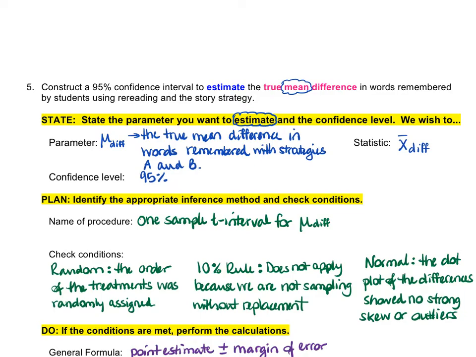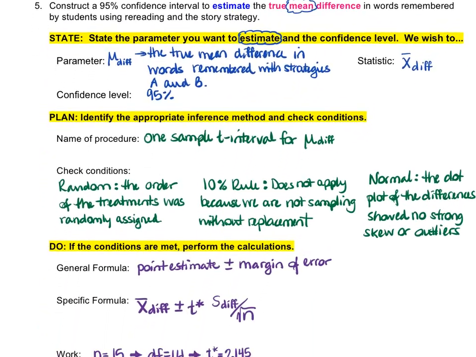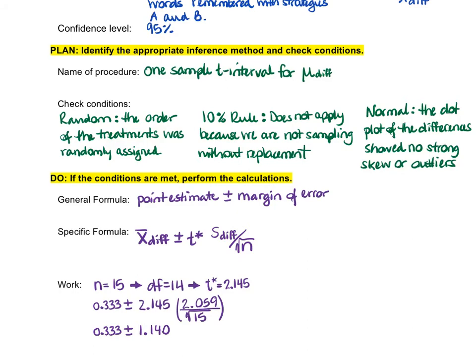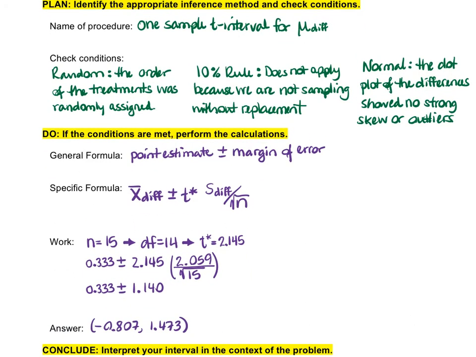Okay, next is do. If conditions for inference are met, we're going to go through the general formula, which is point estimate plus or minus margin of error. The specific formula: our point estimate is the mean difference, so x bar difference plus or minus t star times the standard deviation of the differences divided by the square root of n.